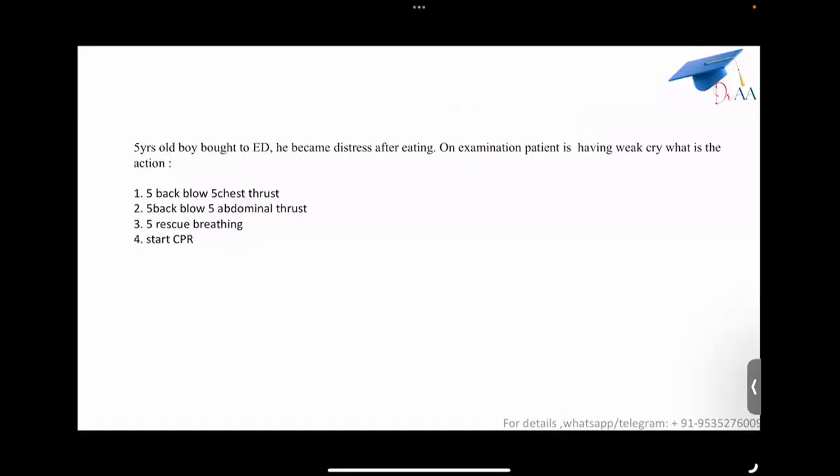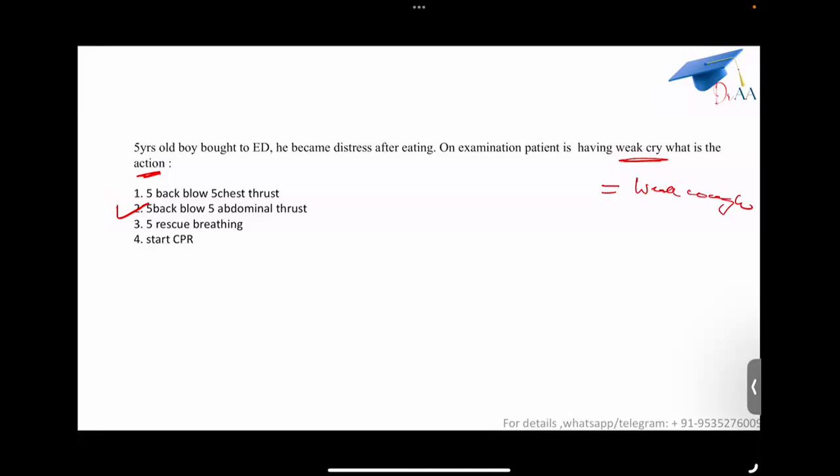Sorry. We have a 5-year-old kid who has come to the ED. He becomes distressed after eating. On examination, the patient has a weak cry. What is the action? Option 2, 5 back blows and 5 abdominal thrusts is the right answer here. A weak cry is nothing but a weak cough, so we can consider it as a weak cough.